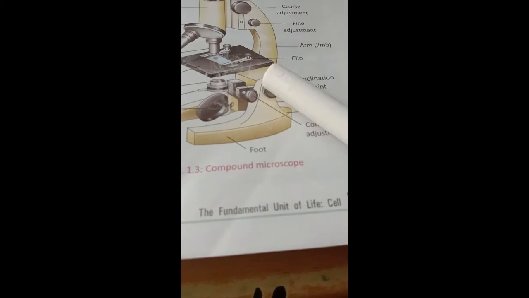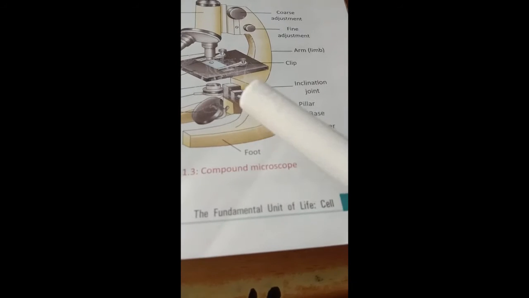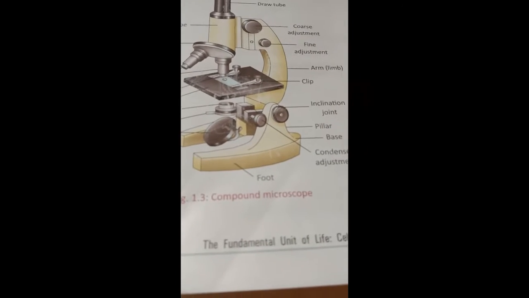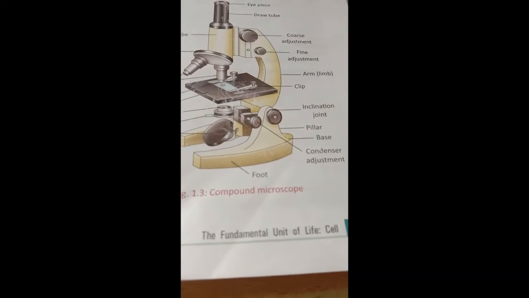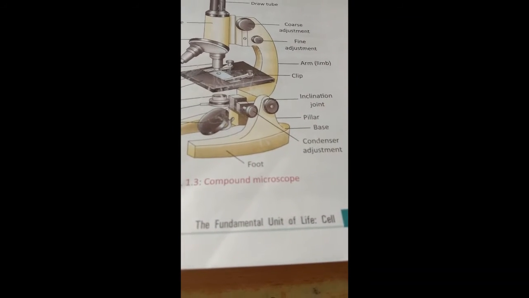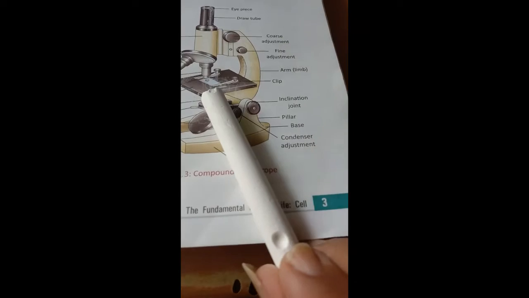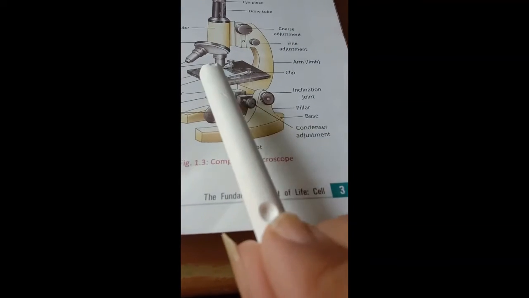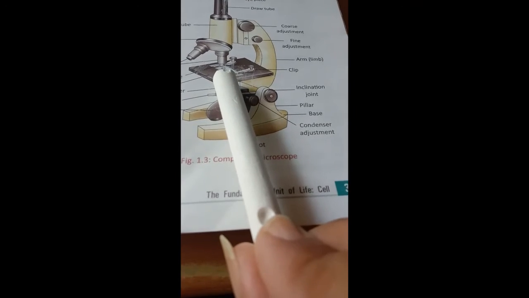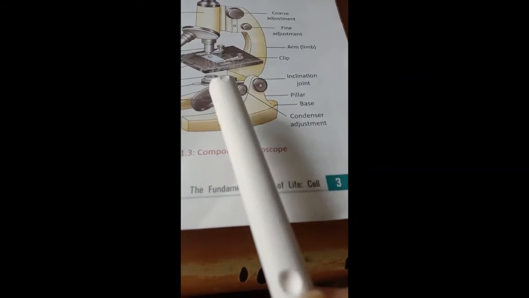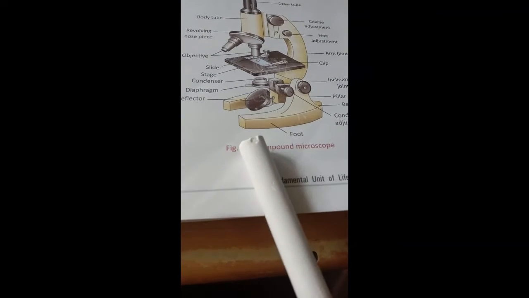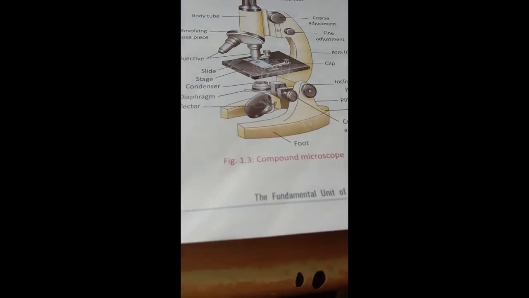This is the stage on which the object is kept. Now here is the condenser, which brings the object and objective piece somewhat nearer to each other, and this is adjusted by this condenser adjustment. This is the foot, on which the complete base and pillar stand.